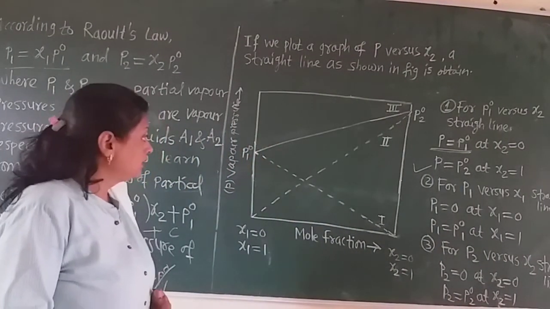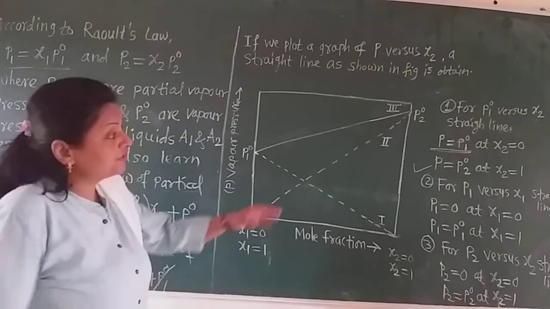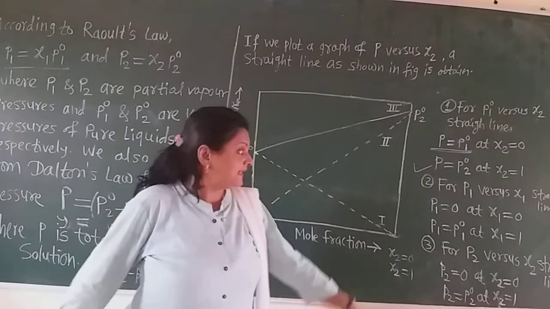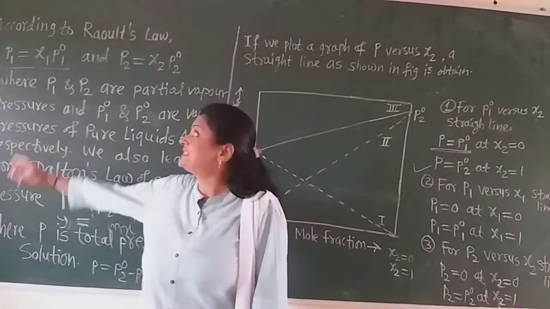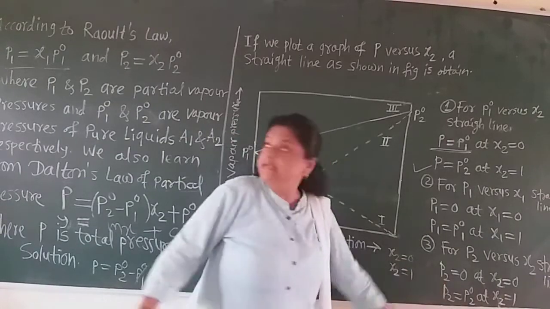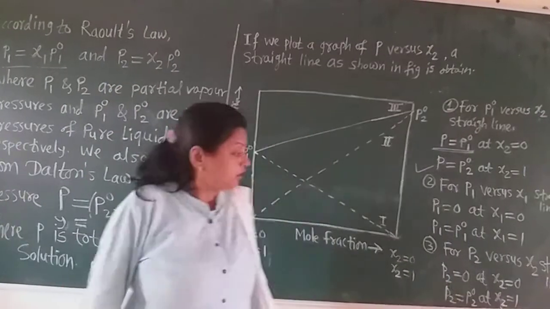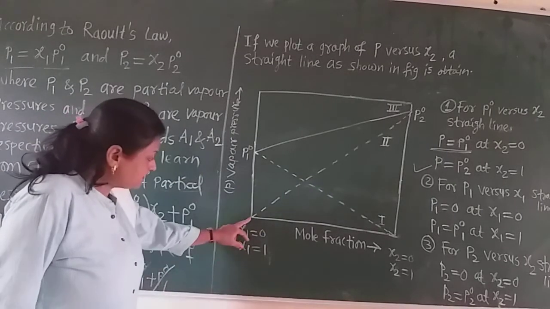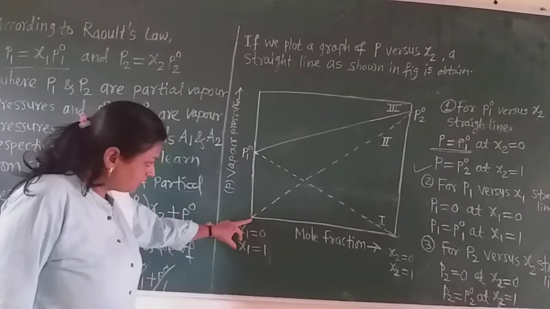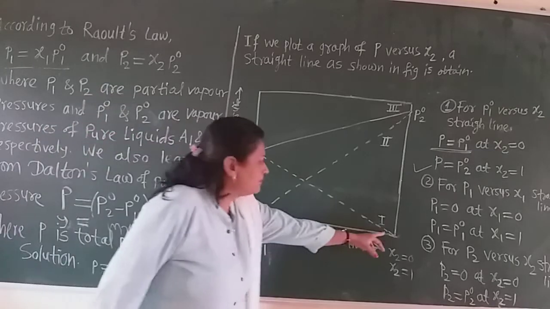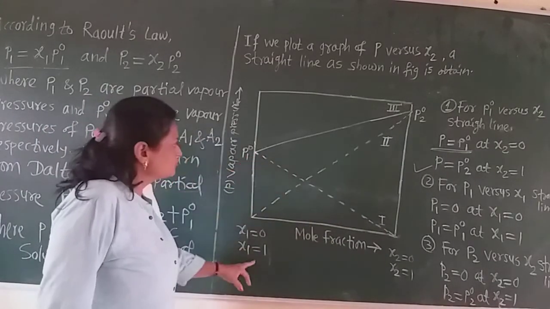Now you understand the first is from this equation, the second is from this equation, and the third is from this equation. In this way they have given us that here X1 is equal to 0, and for this graph the X1 becomes 1.